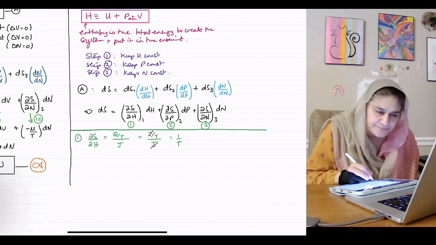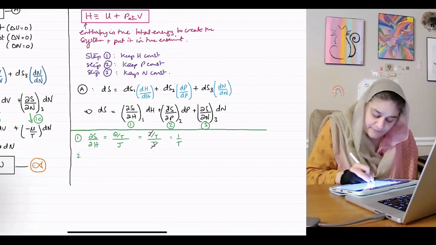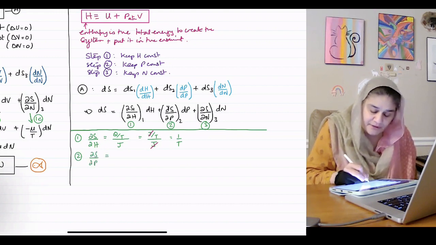Number 2, partial S over partial P. What is this?